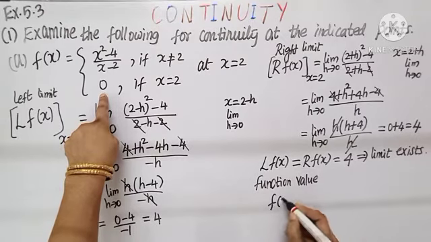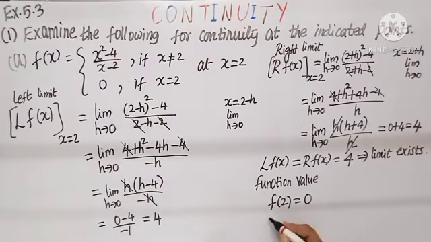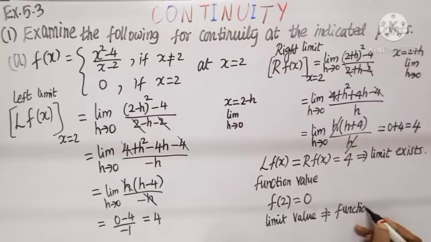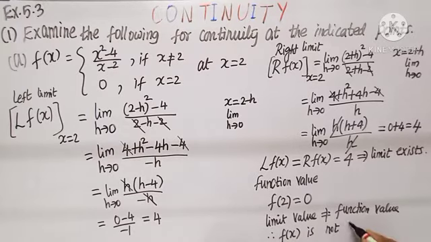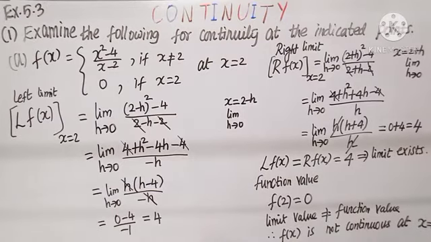So f of 2 equals 0. Are they equal? No. So the limit value is not equal to the function value. So what will you conclude? Therefore, f of x is not continuous. Even though the limit exists, it is not continuous at x is equal to 2, and that's the answer.